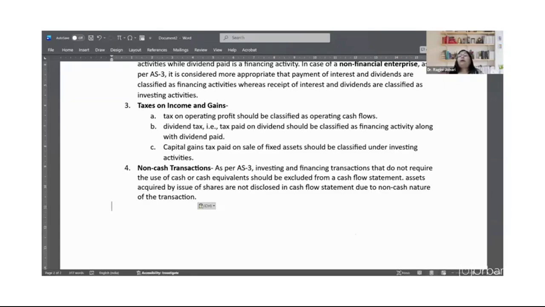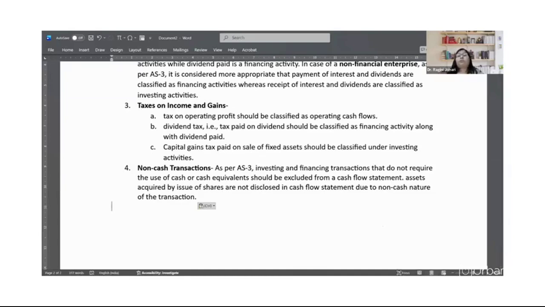Then if the company is acquiring assets or there is cash inflow from fixed assets, that is a case of investment. So if there are gains, the company has to pay tax on those gains also, called capital gains tax.